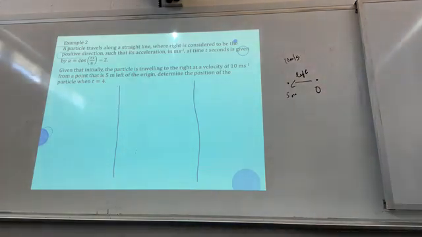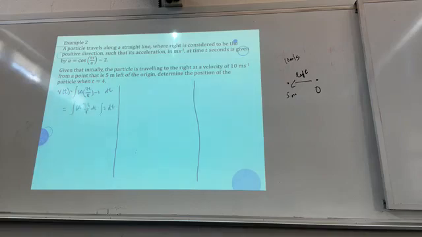So what you could do is work out the velocity function, integrating the acceleration function. Now what I've done is split it into integrating the cos of pi t over 8 and then integrating the 2.